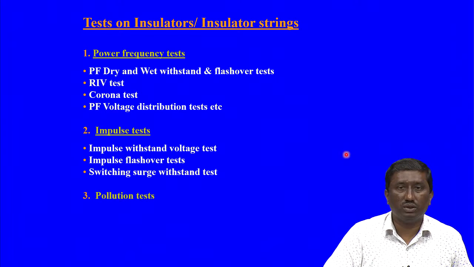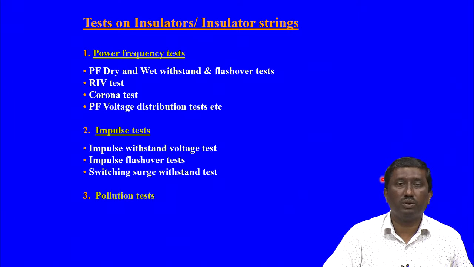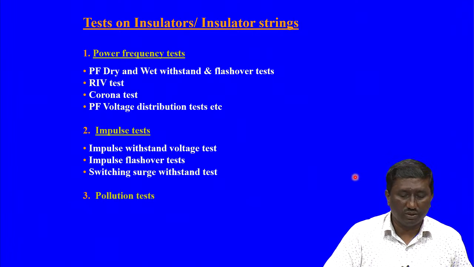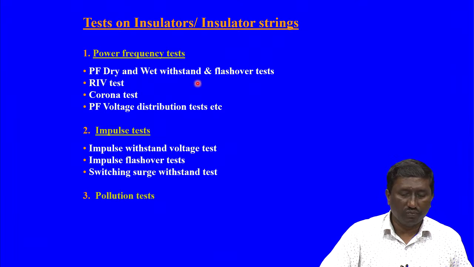So, the distribution of potential across these insulator discs has to be taken care of, else the insulators near the line end could see more stress and may not be able to sustain for a longer period of time. So, that is one of the reasons where the power frequency voltage distribution tests are to be carried out for long insulator strings. That is the power frequency test.